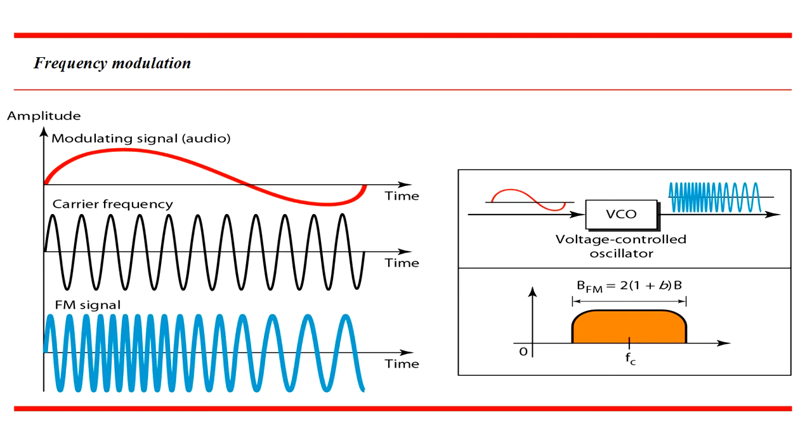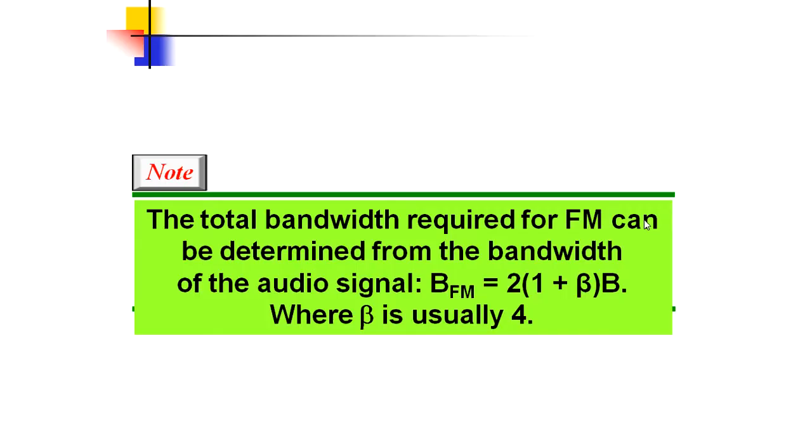Now, how can you generate a frequency modulated wave? Here is the device. Voltage controlled oscillator is the device that is used to embed your high frequency signal into your original signal to give the FM modulated wave. So this is frequency modulation. The total bandwidth required for a frequency modulated wave can be determined from the bandwidth of the audio signal.